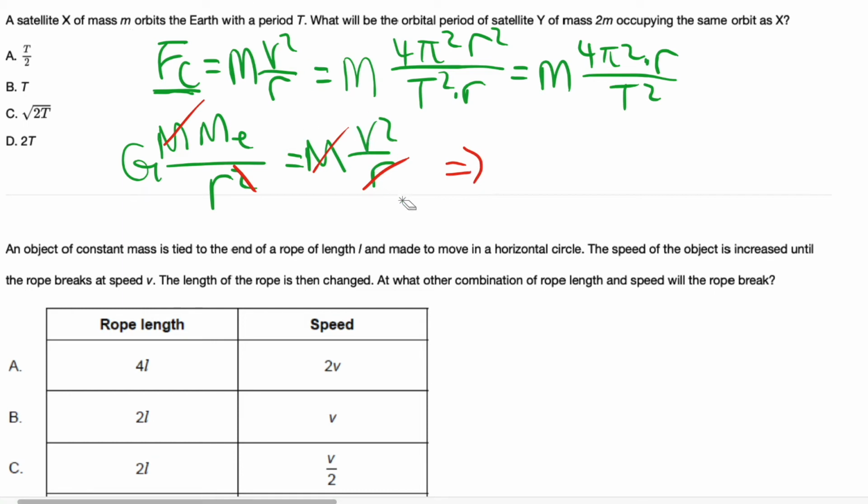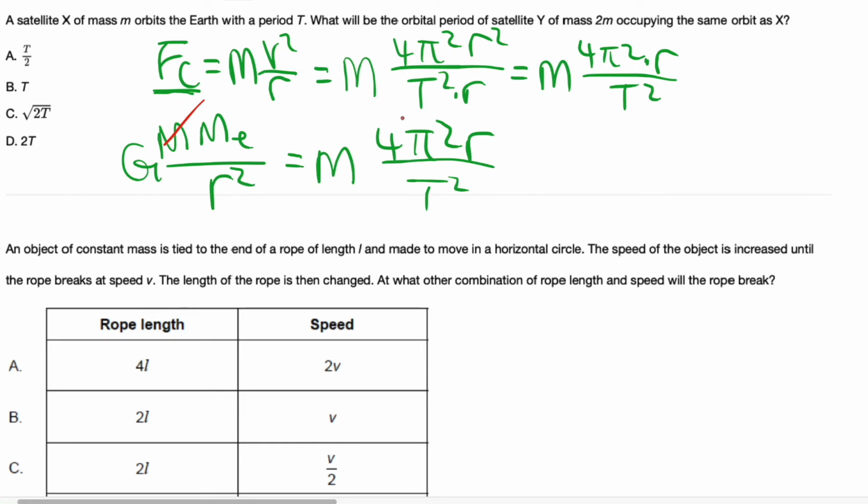And we know that here is equal to the formula we derived for centripetal force. So let me rewrite everything. So here's going to be G times m sub s times mass of Earth over r squared equal to m sub s times 4 pi squared multiplied by r over T squared, right?